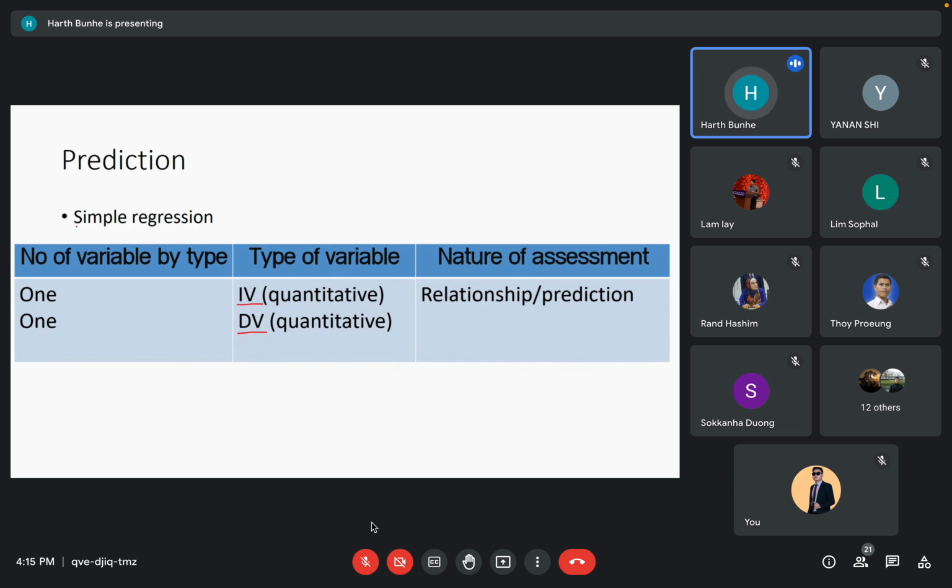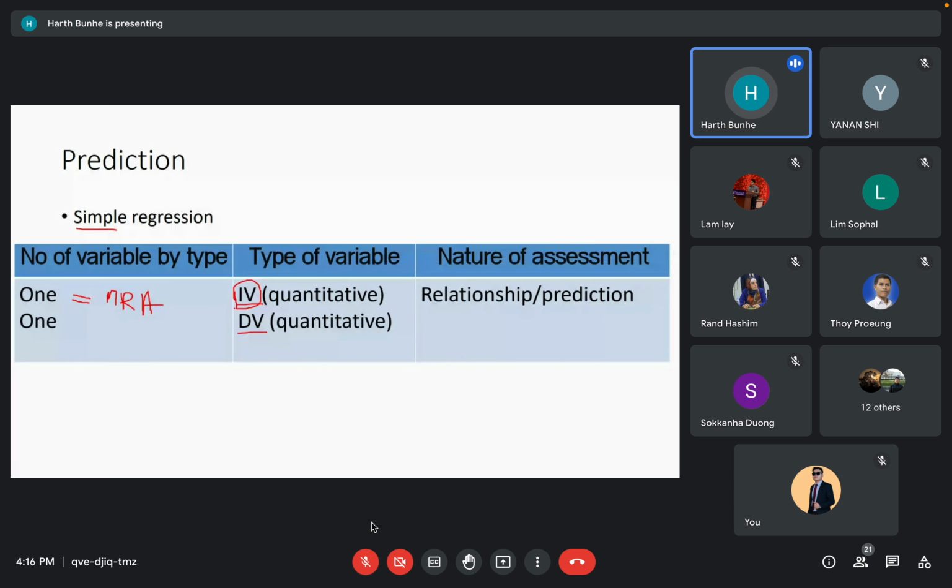When we talk about simple regression, you have only one IV. But when we talk about multiple regression, you can have more than one. The difference between simple regression and multiple regression analysis is the number of IVs.